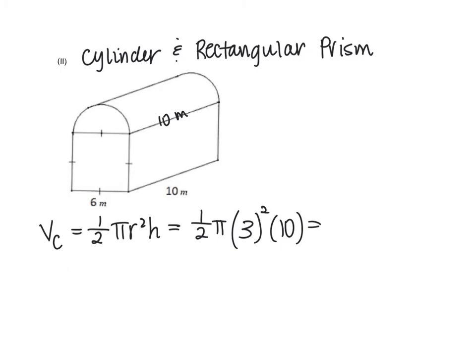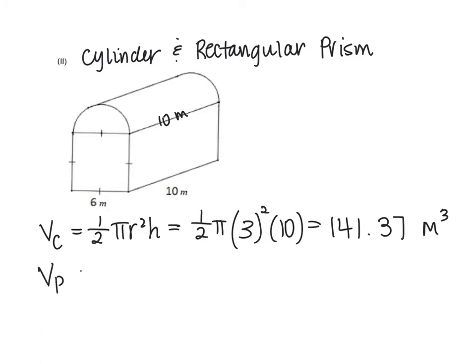So we're doing 1/2 times pi times 3 squared, which is 9, times 10. And we're going to get 141.37 meters cubed.